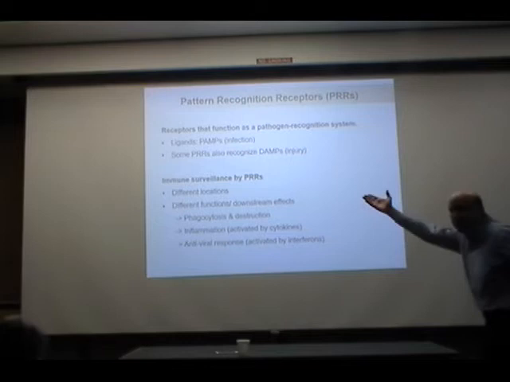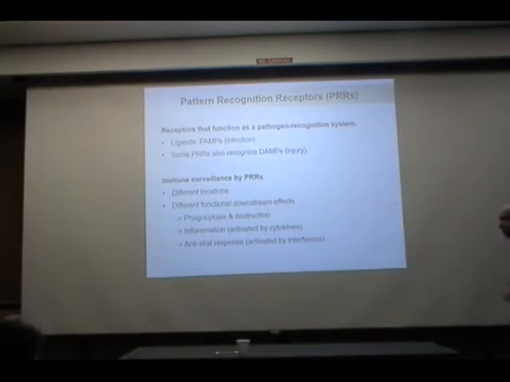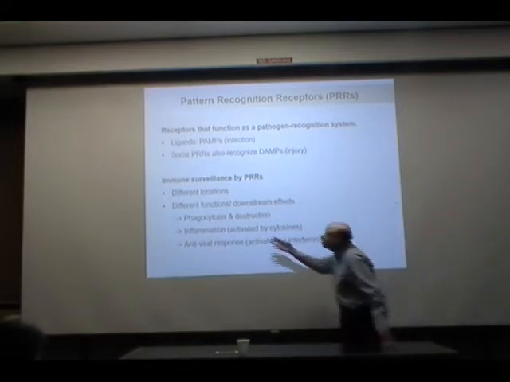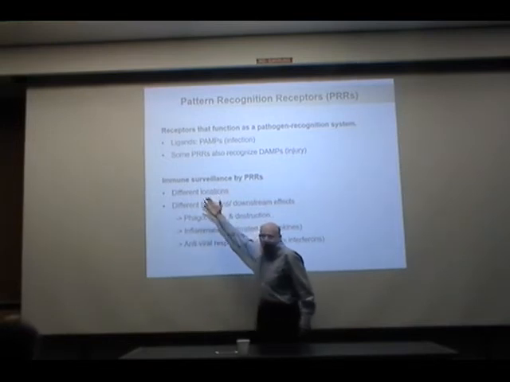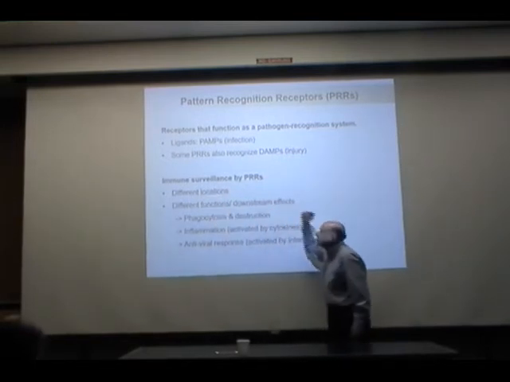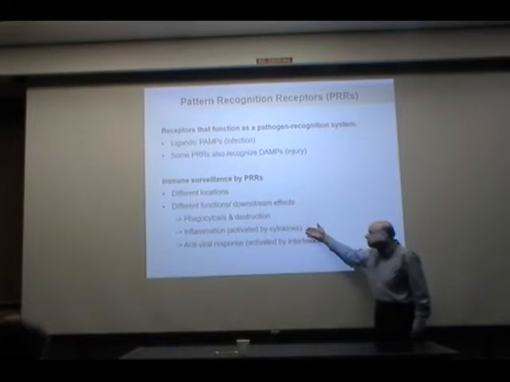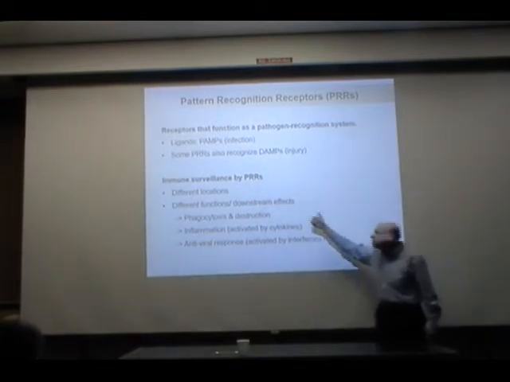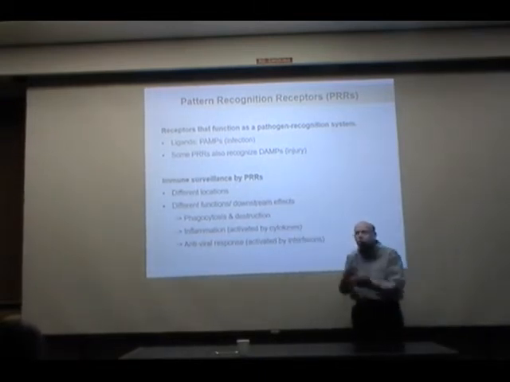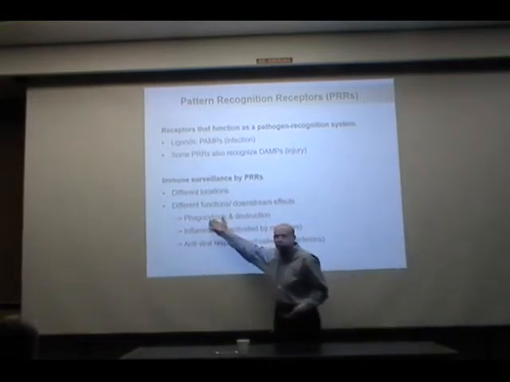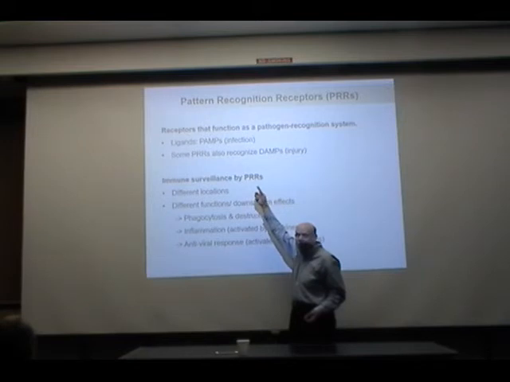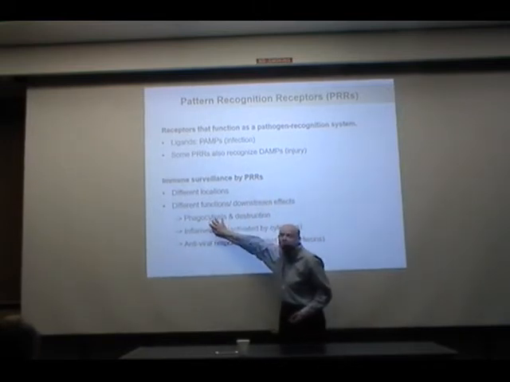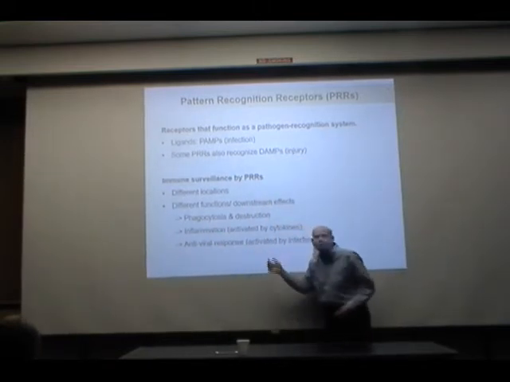So, immune surveillance, the fancy word for what I just said, is immune surveillance. Different functions: it starts inflammatory responses, starts phagocytosis. Ultimately, remember, the end game is to get neutrophils in there to be phagocytic. So hence, triggering a pattern recognition receptor will ultimately lead to phagocytosis, antiviral responses.